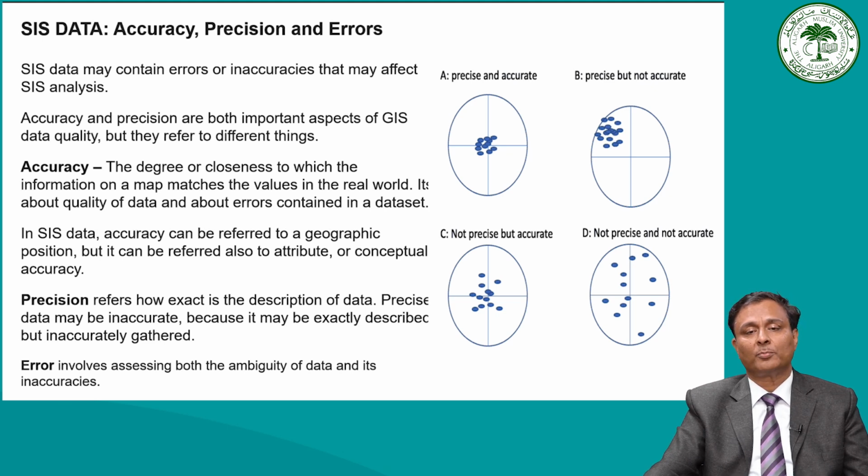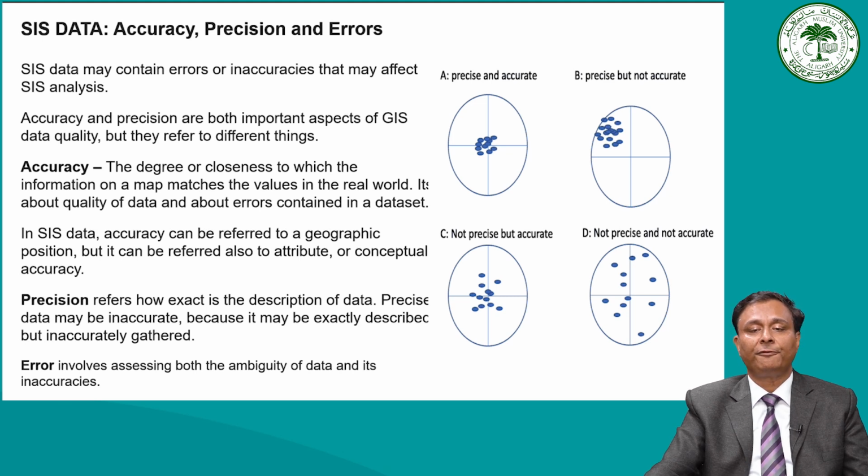Accuracy and precision are both important aspects of GIS data quality, but they refer to different things. In order to really understand the relevance of accuracy and precision, we need to understand the difference between both terms. The first is accuracy. It can be defined as the degree of closeness to which the information on a map matches the values in the real world.